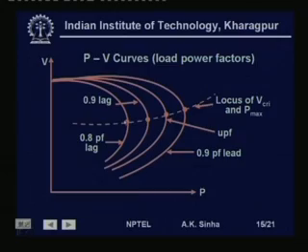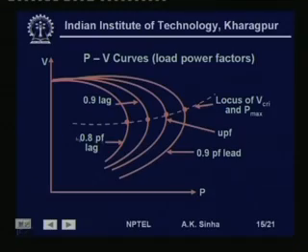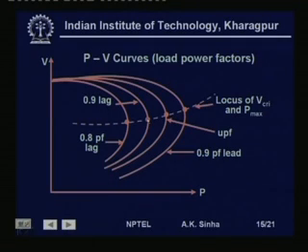But if the power factor of the load is lagging, then our margin reduces considerably. This shows that if the load is demanding more reactive power, then the margin is smaller. That is, we are going to get instability at a much lower real power demand.